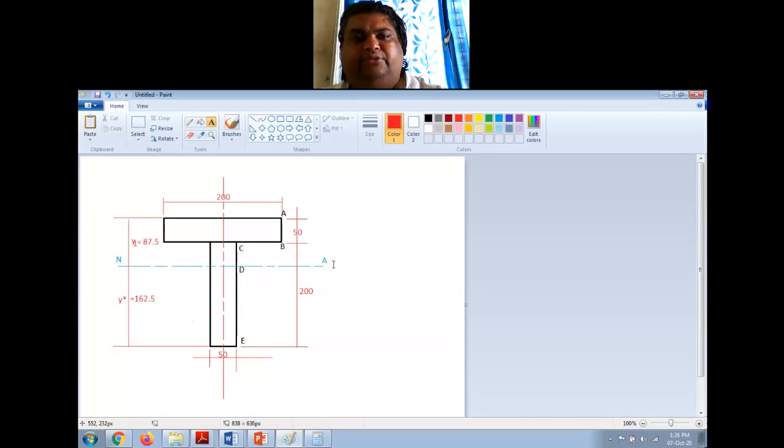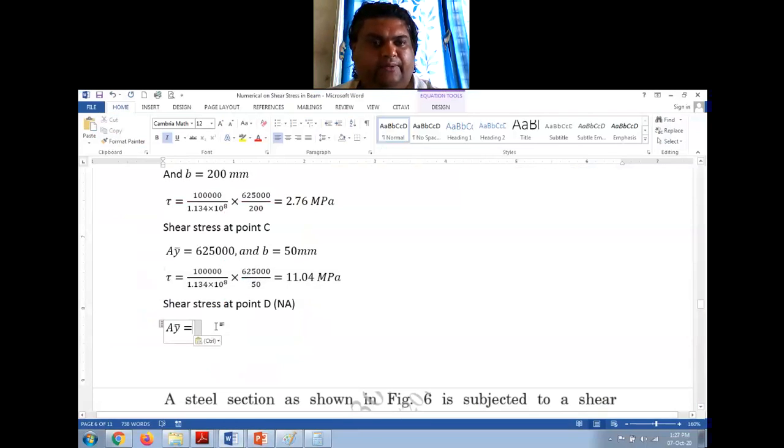And A itself is my section. Y is equal to 0. So now, with respect to this, what is the area that is available? It is this entire rectangle, 200 by 50, plus part of this web, from C to D, and width equal to 50 mm. This rectangle, right? So you have to use this area into y bar of this plus this area into y bar of this. So let me do that.